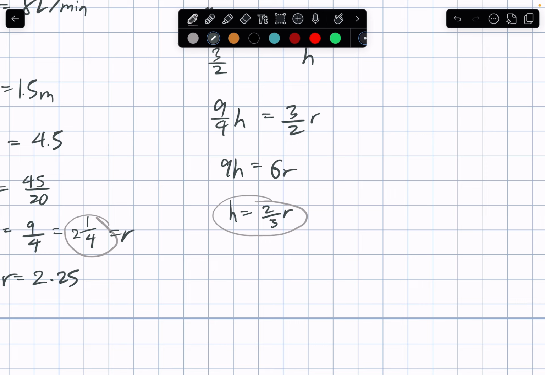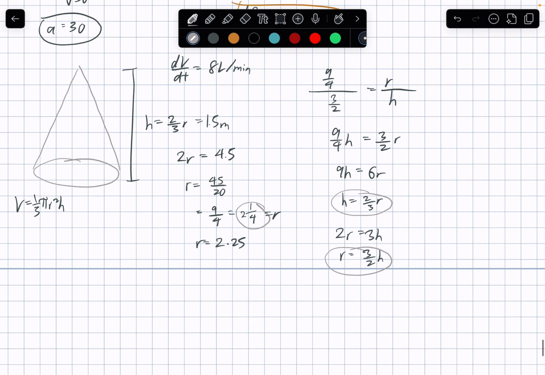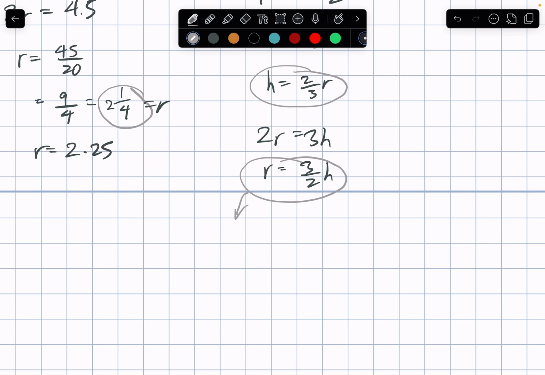Let's express r in terms of h instead. 2r is equal to 3h. r is equal to 3 over 2 h. So, using that, volume is equal to 1/3 pi r squared h. Substitute.